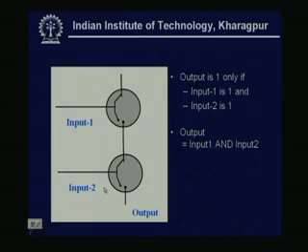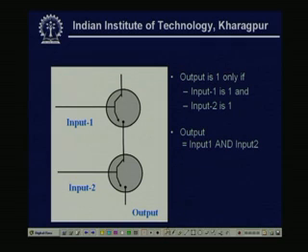Now we see that it is slightly more complex. See, if the output is 1 here, when will the output be 1? If both the switches are connected, that means this switch will be connected, this one also connected, this is also connected, this should also be connected.